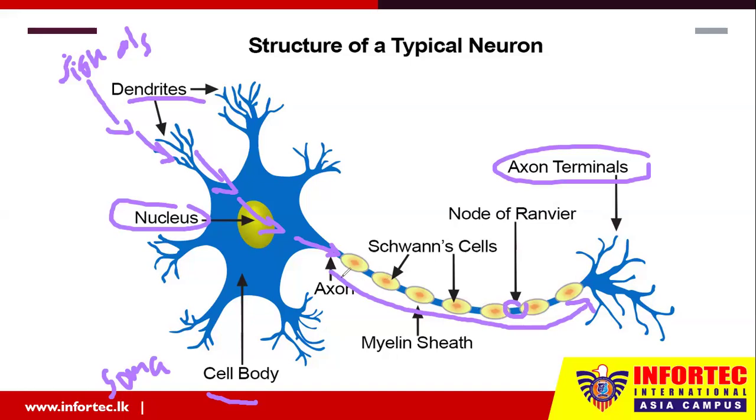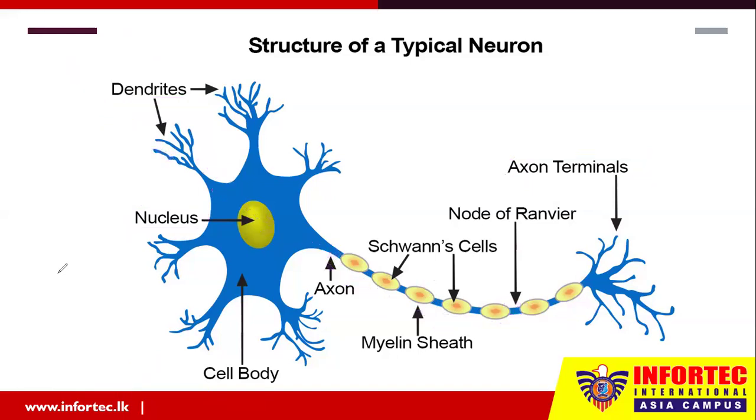So when a signal is transmitting through the axon, it moves in this direction, right? I think it is clear when we consider the parts of a neuron. We can take the cell body, dendrites, axon, axon terminals, myelin sheath, Schwann cells, and nodes of Ranvier.